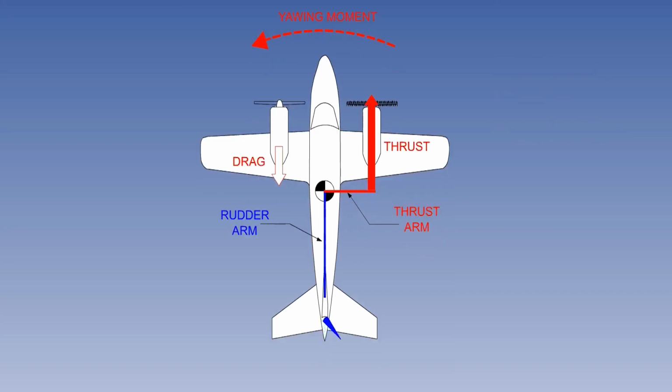If rudder is applied to counter the yaw, it will generate a moment which is the product of the rudder force multiplied by the distance between the rudder centre of pressure and the CG.